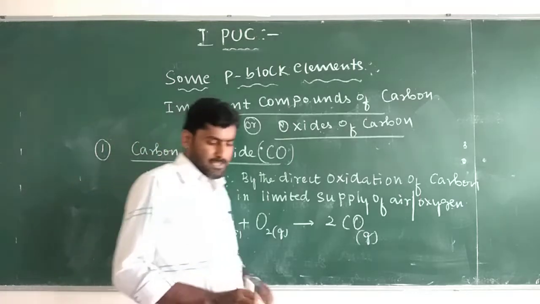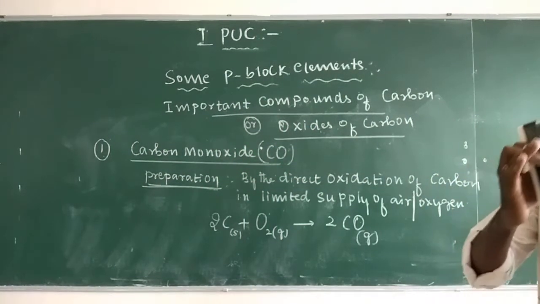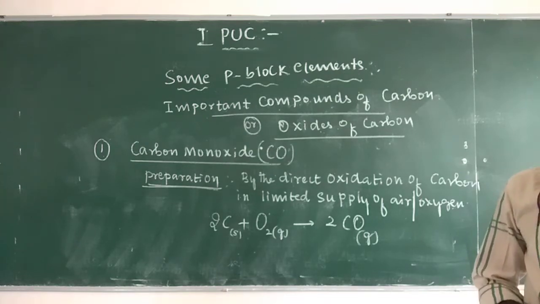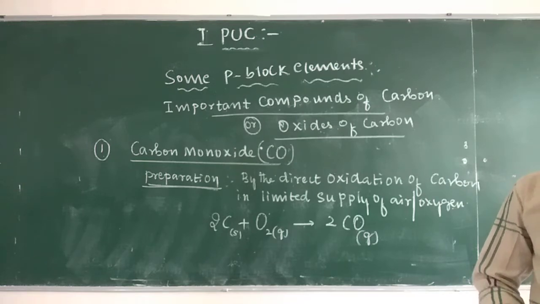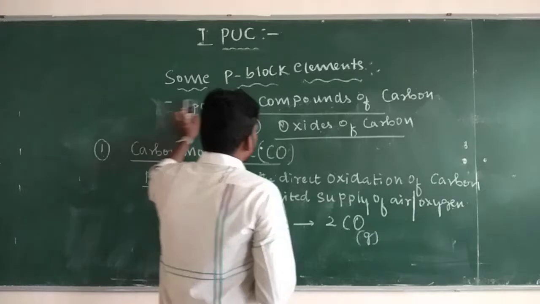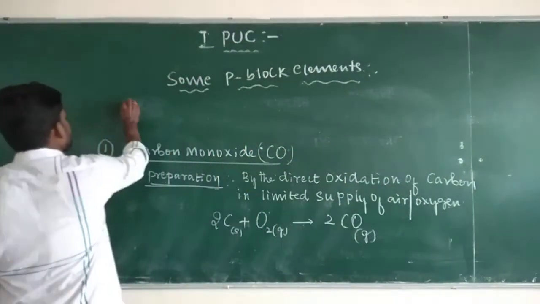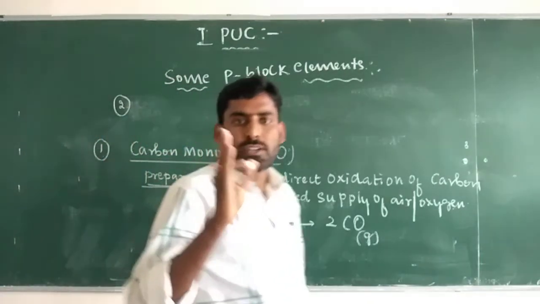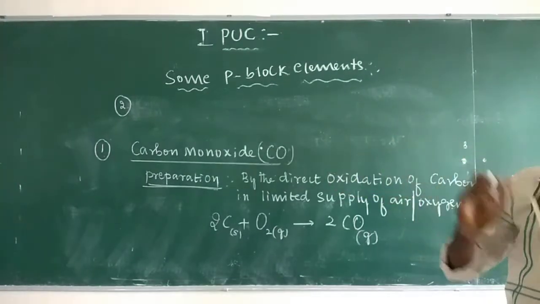And once again, on a small scale, carbon monoxide is prepared by the dehydration of formic acid in the presence of sulfuric acid. So in small scale, dehydration of formic acid gives carbon monoxide.